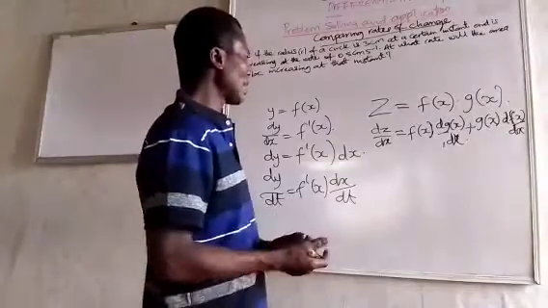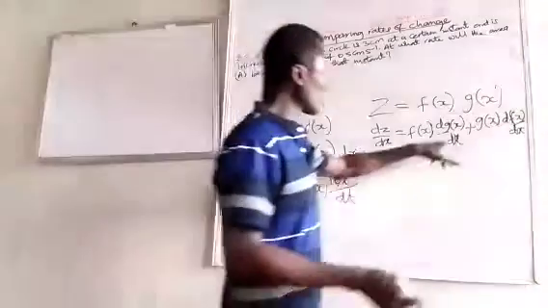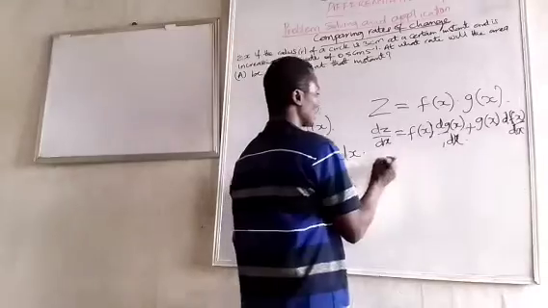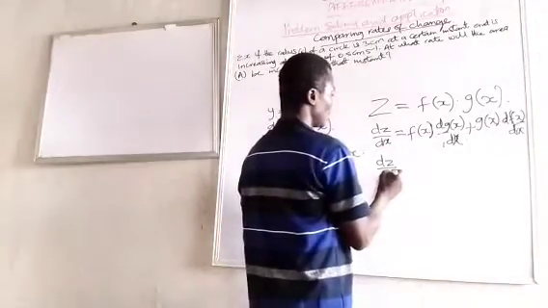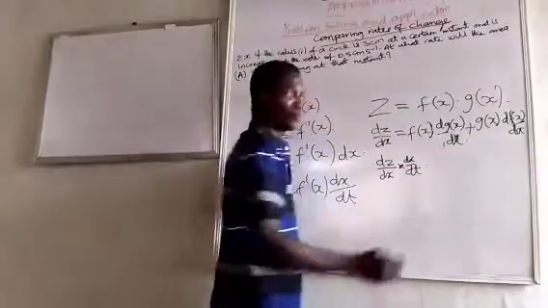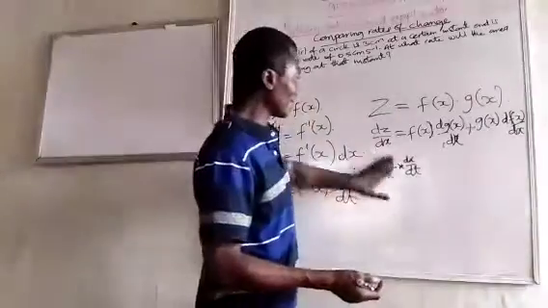Now let's look at something like, if this one is changing with time, and this one is also changing, and all these two change with time. So we are going to have something like this. This is dx/dt. So you can see, all these ones will also change. It might not be as direct as this.